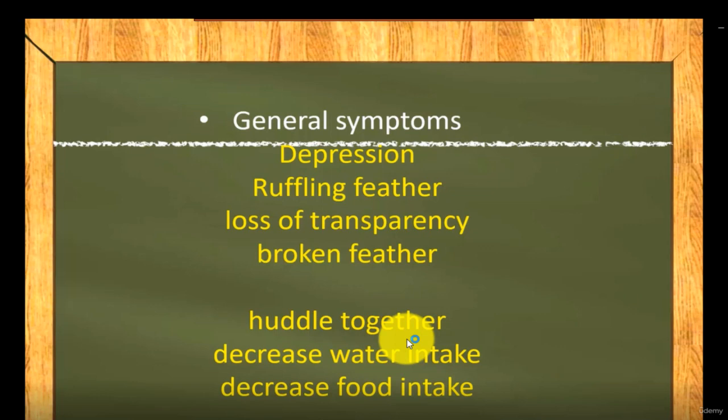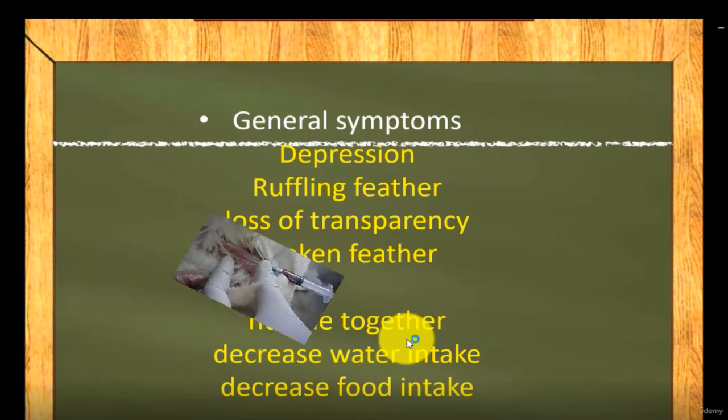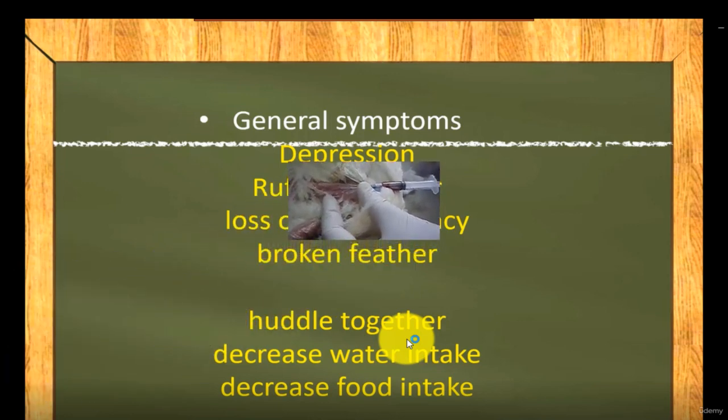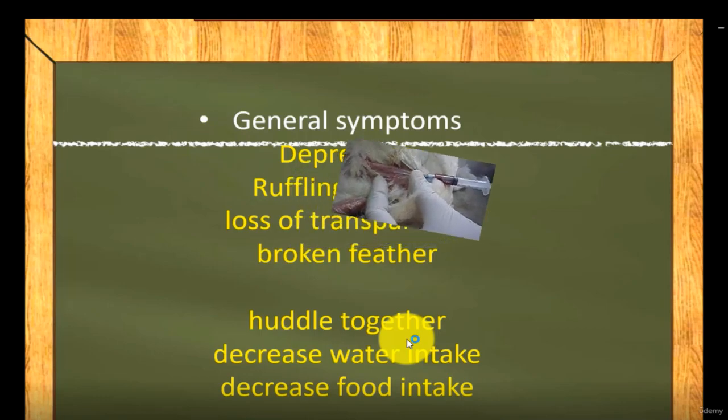Serum samples, representative samples according to the size of the flock, at least 20 samples of very good collected serum. Ask for antibody detection of Newcastle disease virus, Gumboro, IB, and avian influenza.